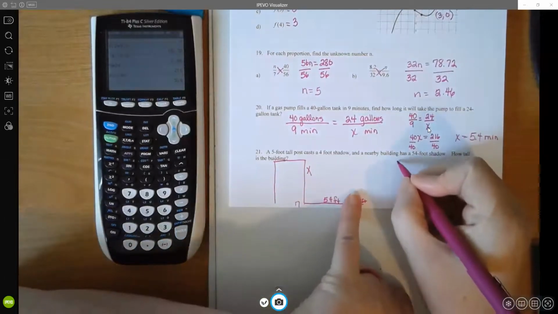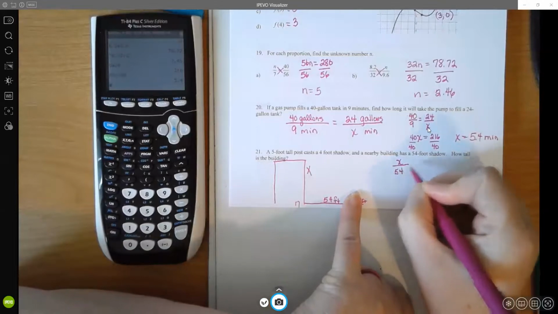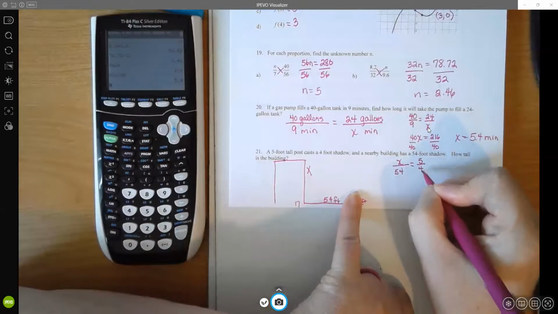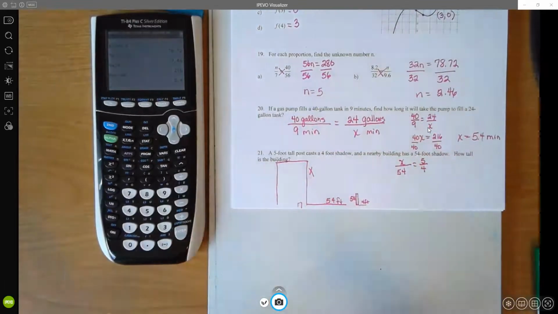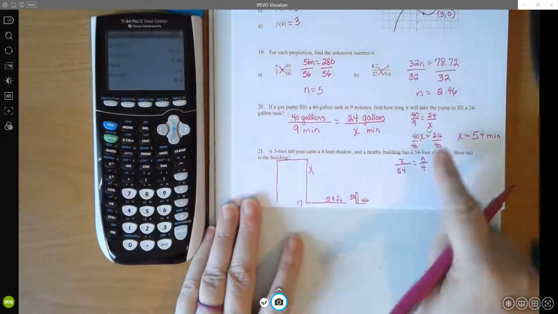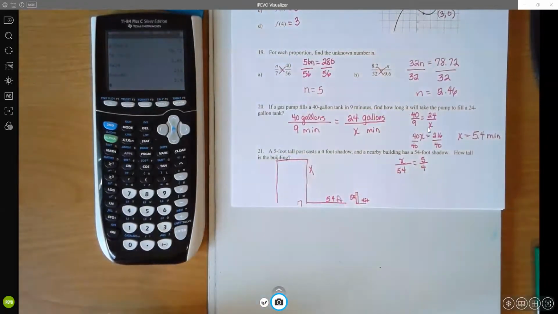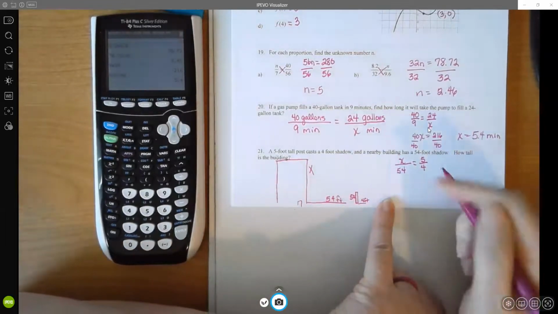So I have a building to a 54-foot shadow the way a pole height is to its shadow. And I could have written it the other way with the 5 to 4 first. It wouldn't have mattered. In this case, I drew the building first because in the previous example, I drew the pole first, and then my pole was as tall as my building. And that didn't make sense, so I drew the building first this time.